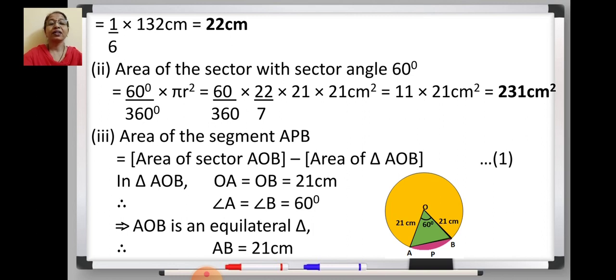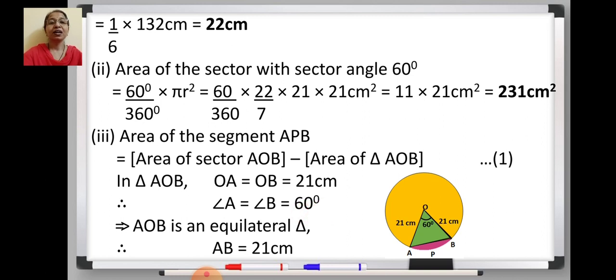So for that, let us take area of triangle AOB. So in this triangle, OA and OB, radii of same circle, and their length is 21 centimeter. So the triangle OAB is an isosceles triangle. Therefore base angles are equal. So angle A is equal to angle B, and as the central angle is 60, so base angles will be 60 degree each.